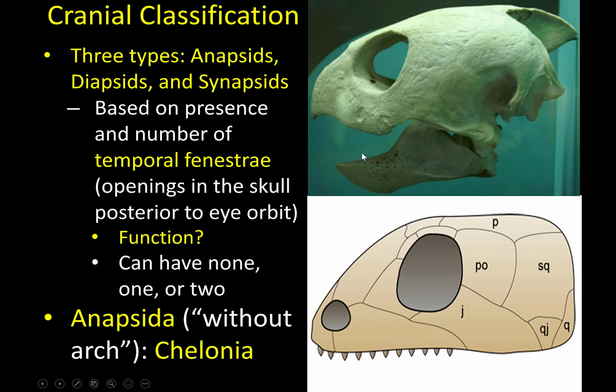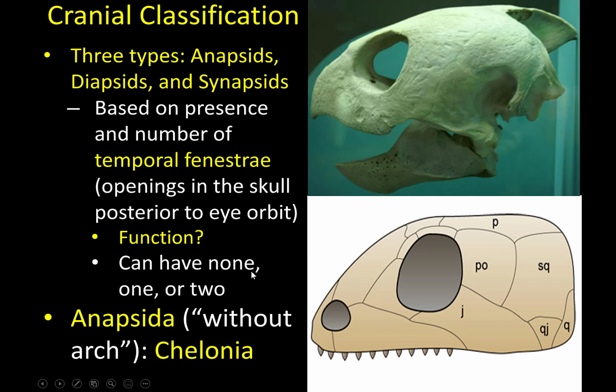Right? So if you want your bite to be powerful, when your lower jaw closes, it's going to have to close fast and hard. That's going to require a whole lot of muscles and places for those muscles to attach. It's possible that these openings in the skull created more space for those muscles to grow.